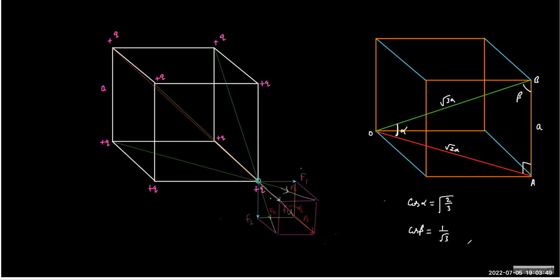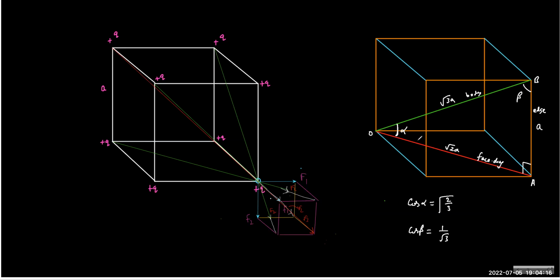Now I just need cos alpha and cos beta. Why? Because the angle between the edge and the body diagonal is beta, and the angle between the face diagonal and the body diagonal is alpha. Simple.